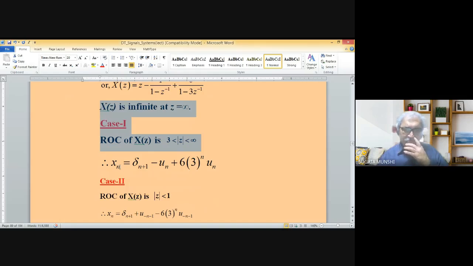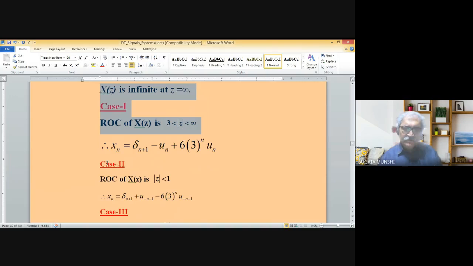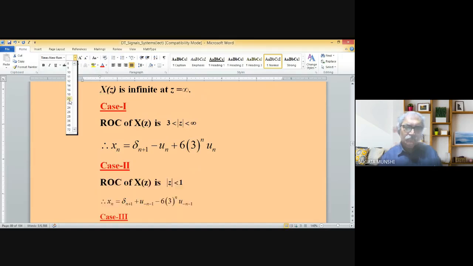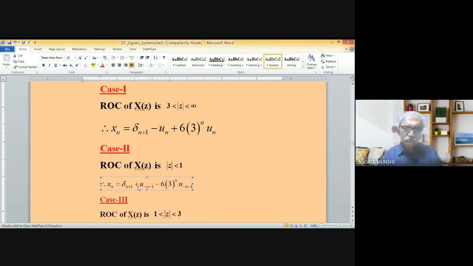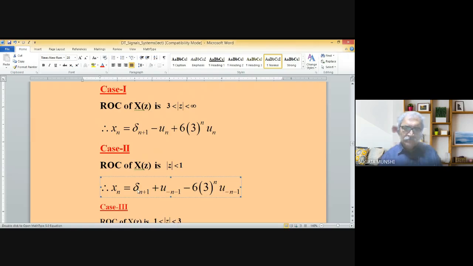The second case is the ROC of X(z) with magnitude of z less than 1. When magnitude of z is less than 1, what will be x(n)? Delta(n plus 1) plus u(minus n minus 1) minus 6 times 3 to the power n u(minus n minus 1).